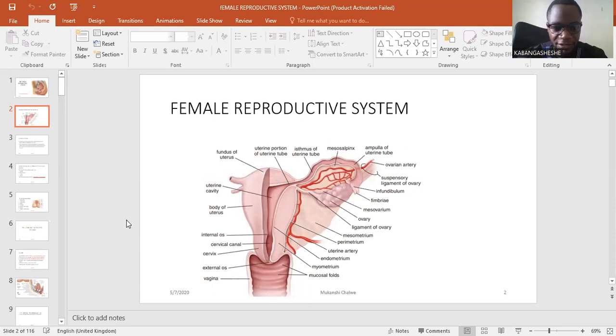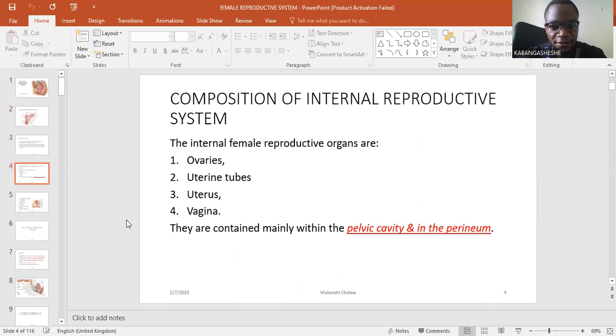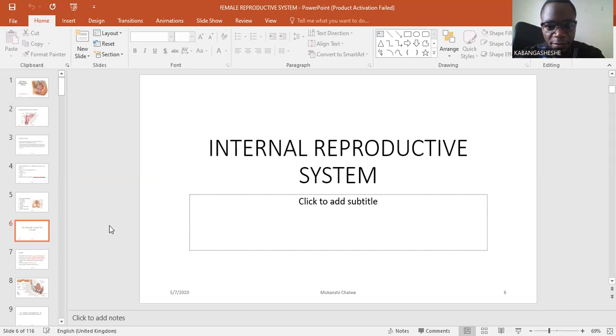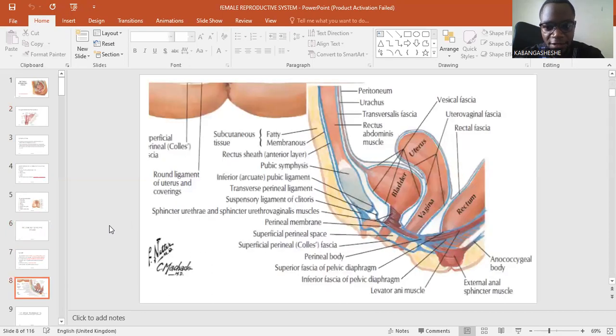This is the vagina, and that's what we'll look at first. These are parts of the external female reproductive organs, which were discussed in the previous discussion. Here the focus is on the internal female reproductive system, starting with the vagina.